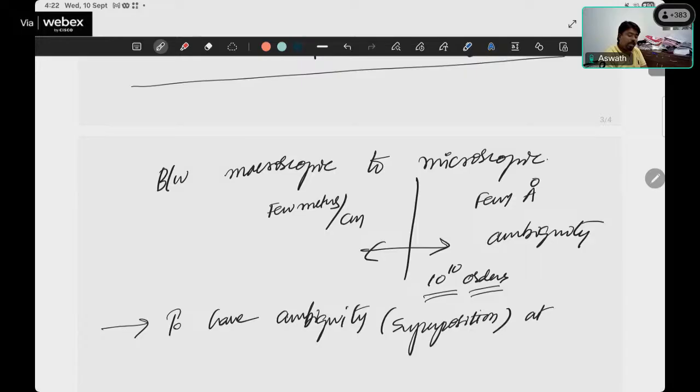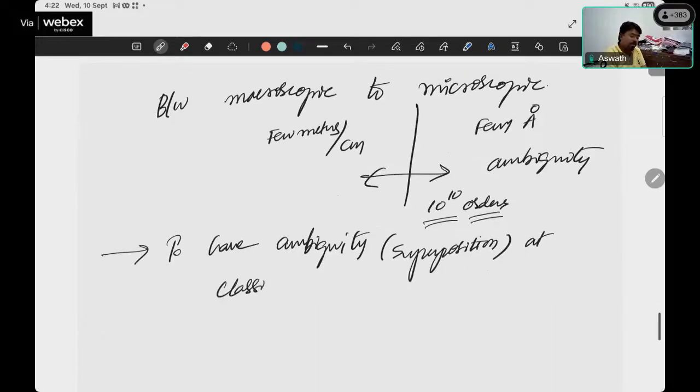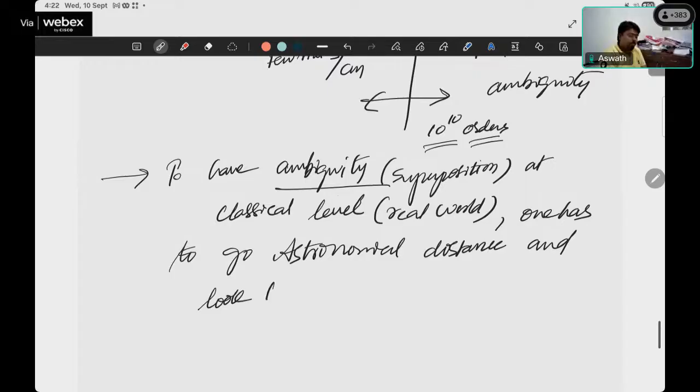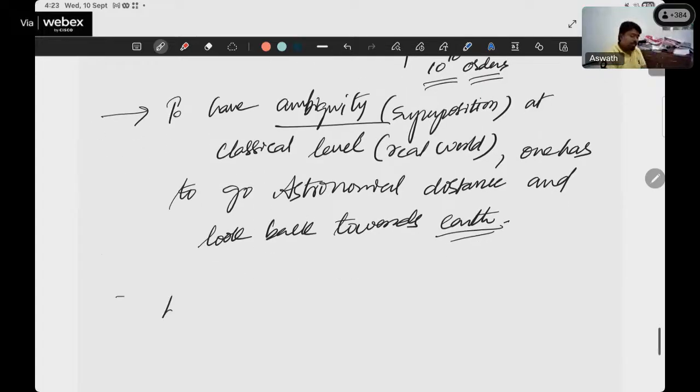To see ambiguity at the classical or real world level, one has to go to an astronomical distance and look back towards the earth. That is the example, the movie Interstellar.